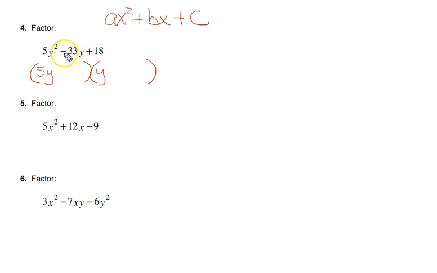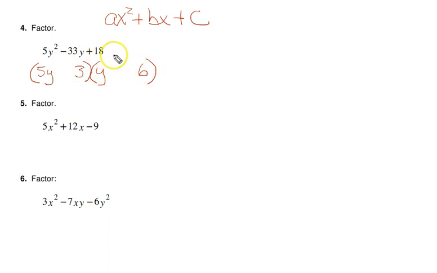Now our middle term is negative. So the factors of 18 are 18 and 1. That doesn't look like it's going to fly. Now other factors of 18, and I'm looking for something around 30, would be 6 and 3.